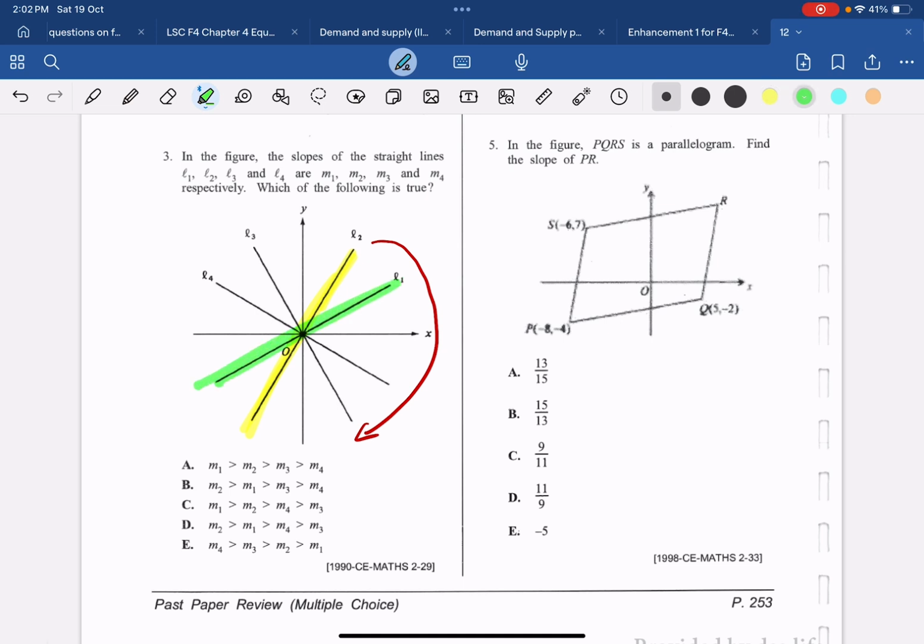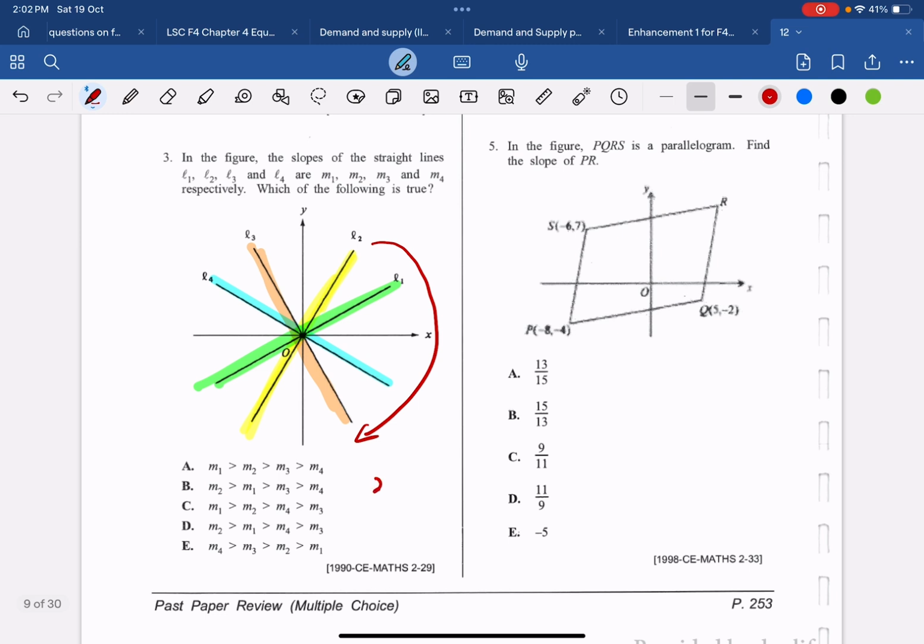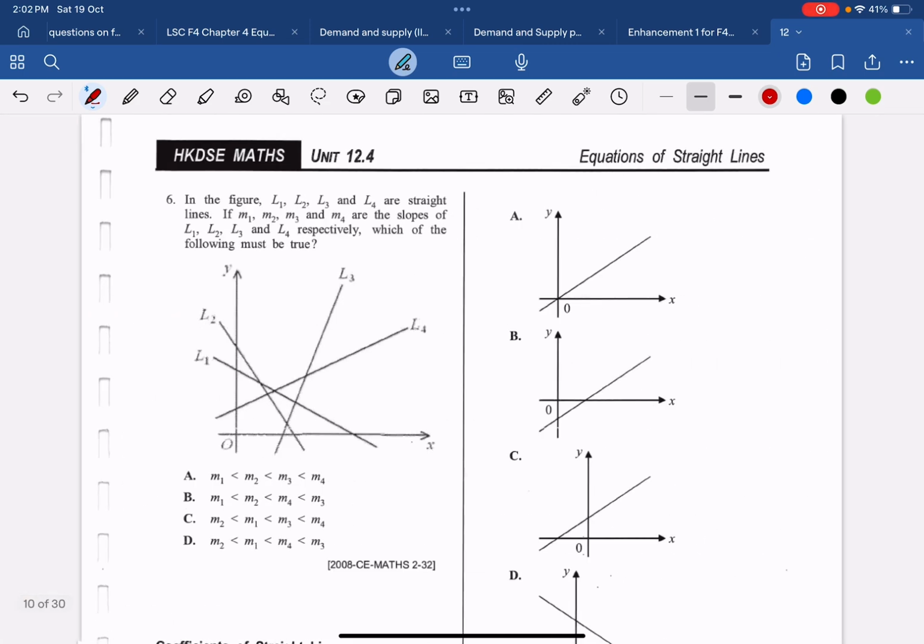Then to L1, then to L4, and then to L3. The arrow helps you arrange from largest to smallest. So in descending order, it should be 2, 1, 4, 3. So the answer is D. Draw an arrow, and the slopes are automatically arranged. So you try this first, okay?